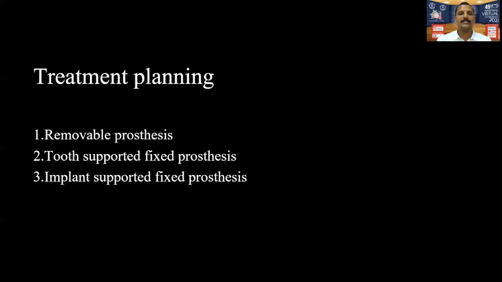Then we gave the next option, a tooth-supported fixed prosthesis, which the patient was not willing to accept because he had already lost a few natural teeth in the accident and didn't want to sacrifice any natural tooth, for example by enamel preparation for an FPD. The patient asked if there was any other option.